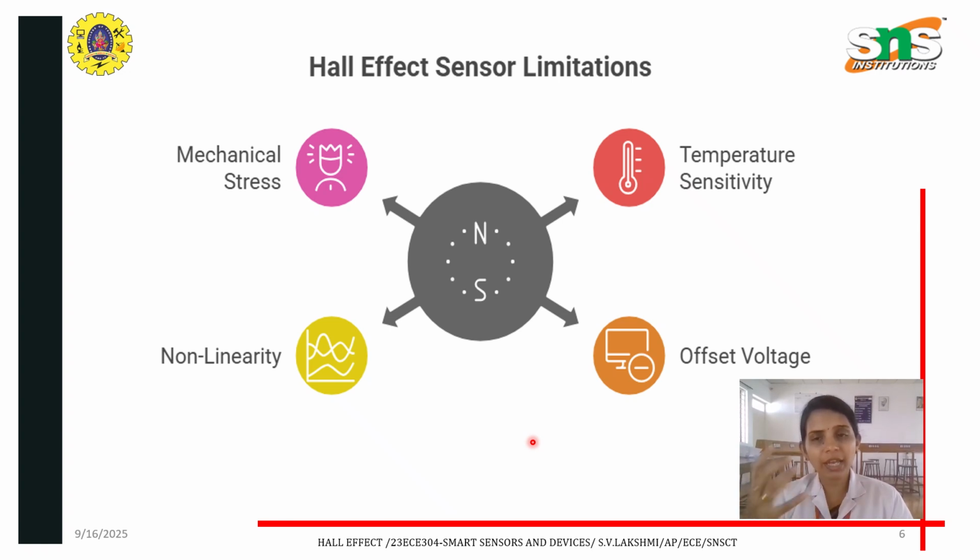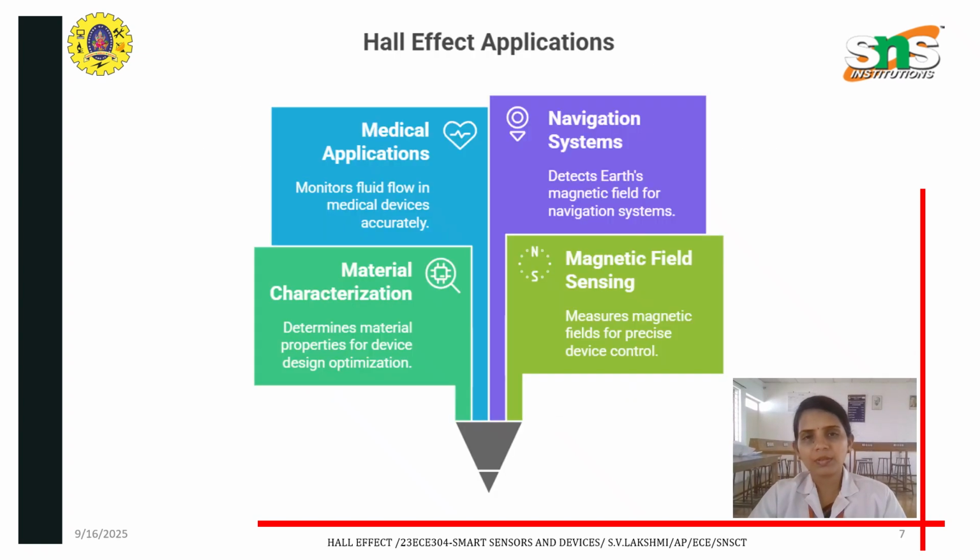There also exists non-linearity in this process, and one of the major disadvantages is the offset voltage, when the device is in the off condition. Non-linearity means there would not be a linear variation between input and output.